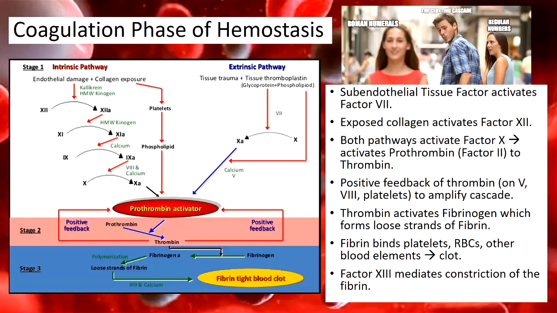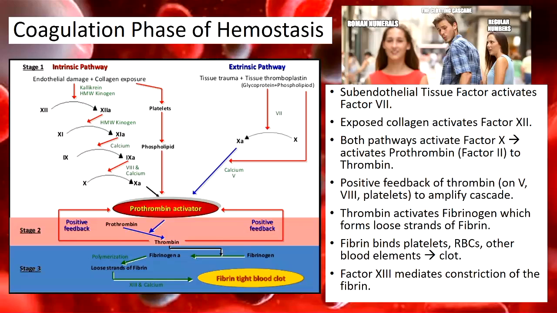Coagulation phase of hemostasis. All right, you remember this? Intrinsic pathway, extrinsic pathway. This involves collagen exposure, like when the endothelial cells get damaged. Extrinsic is deeper damage beyond the endothelial cells. Factor 12 all the way down to factor 10 gets activated.